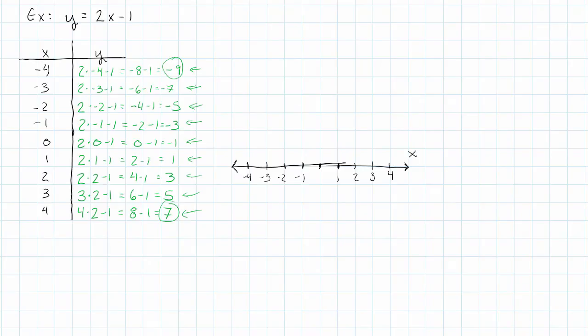Now I want my y-axis to go up to 7, 1, 2, 3, 4, 5, 6, 7, and I want it to go down to negative 9. 1, 2, 3, 4, 5, 6, 7, 8, 9.